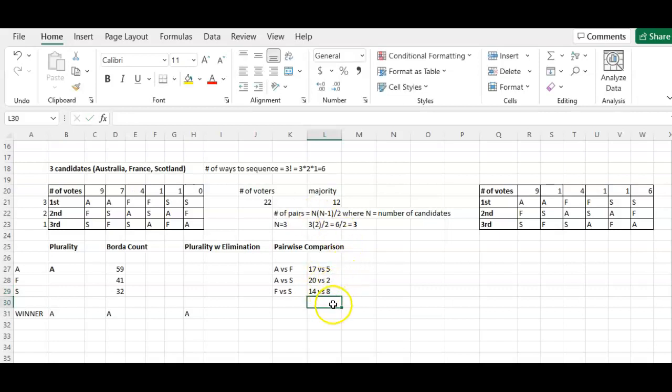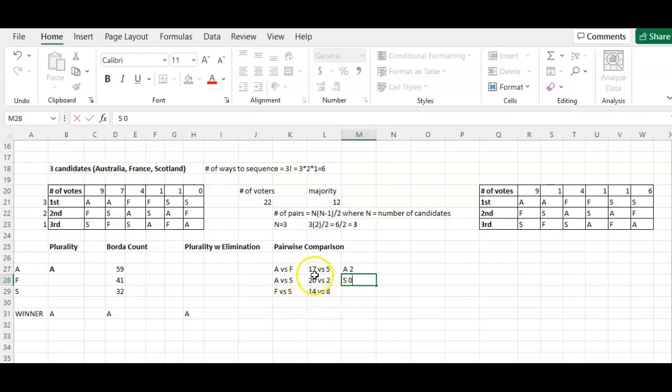So now we have our comparisons, and then we assign a point every time a certain candidate has more votes. So A has more votes here, A has more votes here, so A gets a 2. S is below A, S is below F here, so S gets 0.